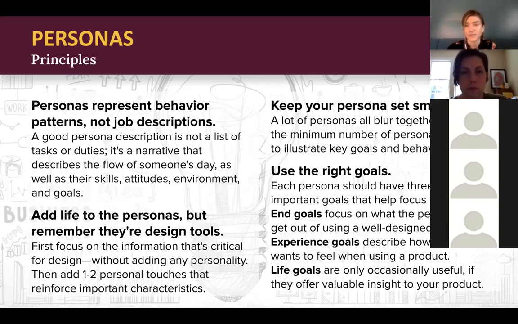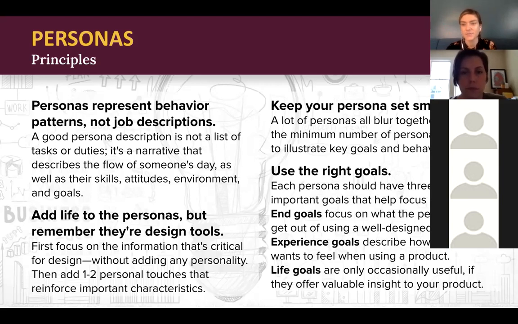Keep your persona set small. And so, like I said, 1 to 2 key stakeholders or primary personas, and then no more than a few secondary personas. I think to everyone's needs, at least for these ideas, you won't need more than 2 of each, I would think.